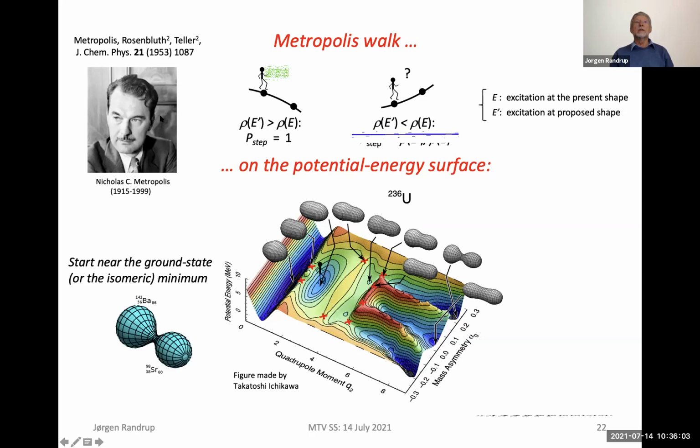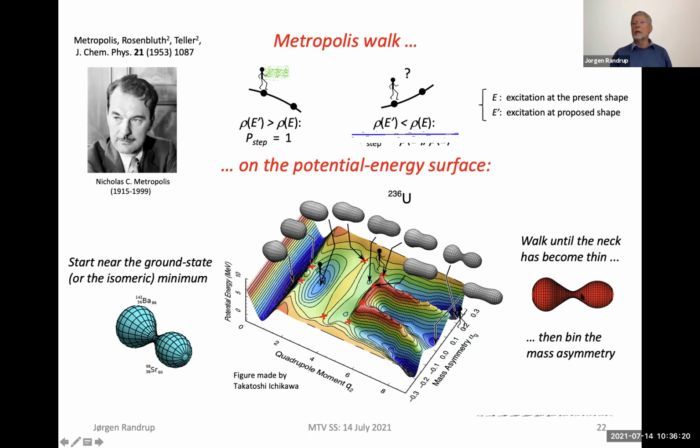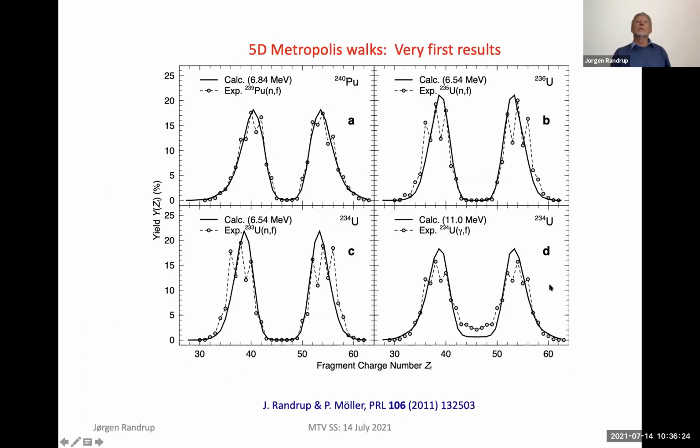The idea is then you start here in the secondary minimum, and you then walk around, get over the barrier, and then down the valley, and come out over here. Then you can read off what the split is, and you can simply bin that, and you can get a mass distribution.